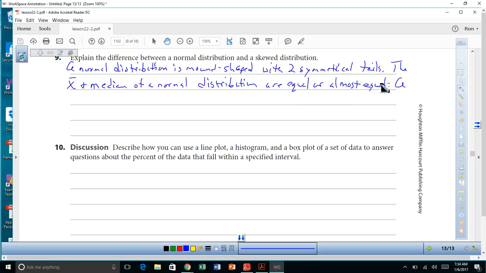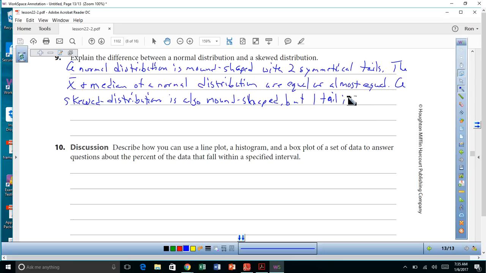A skewed distribution is also mound-shaped, but one tail is noticeably longer than the other.